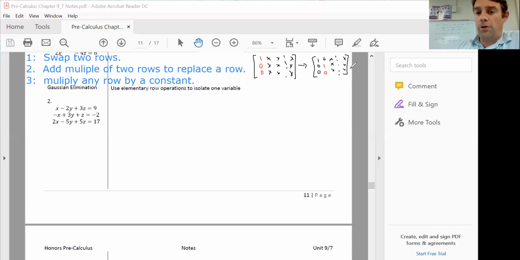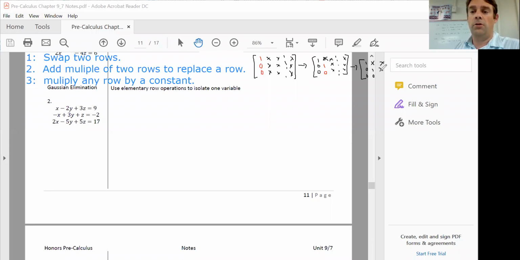And then our third goal, once we've done that, we have our 1, 0, 0 and our 0, 1, 0. And after that, actually, we don't care what's above it. The 1s and 0s above it, that's what we call a row reduced echelon form. I'll show you that in a second, but we're doing something called Gauss Jordan.